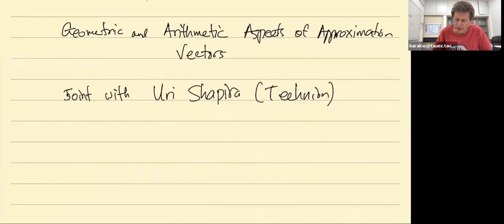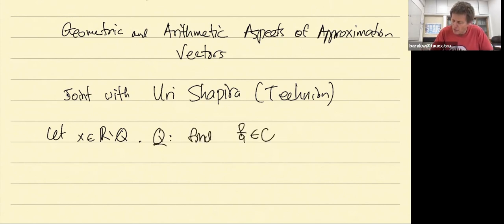So here's what we'll be discussing. We take a real number X, which is irrational, and the basic question of Diophantine approximation is you want to find rationals P over Q which are good approximations for X. A good approximation here means you want to make the difference small, but at the same time you want to make P and Q small.